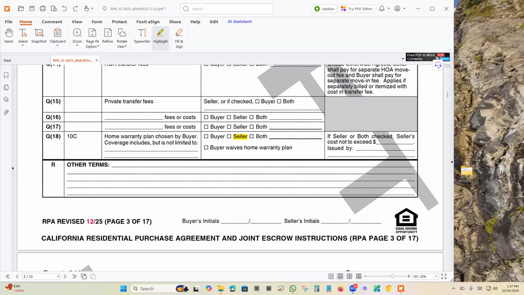So rates are good. I think if anyone who's starting to look at buying a house, it's a good time to get the pre-approval.